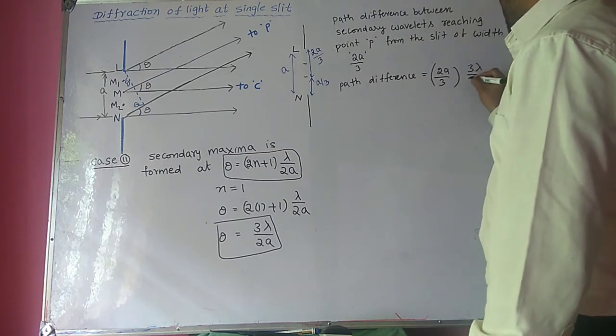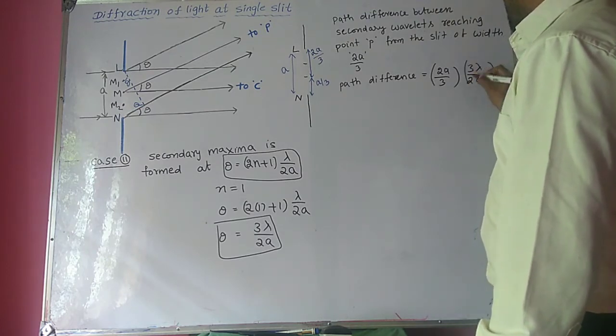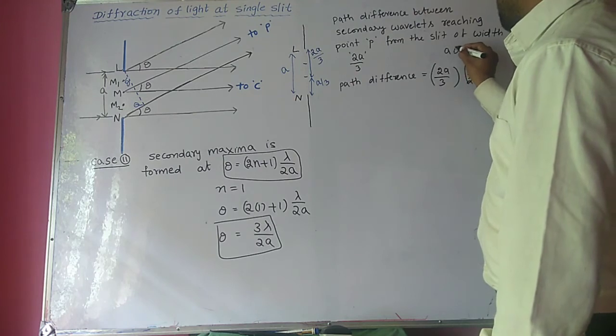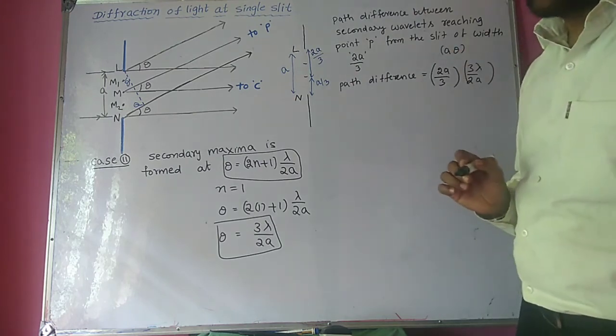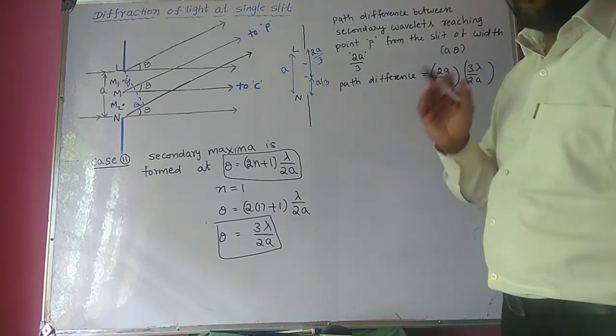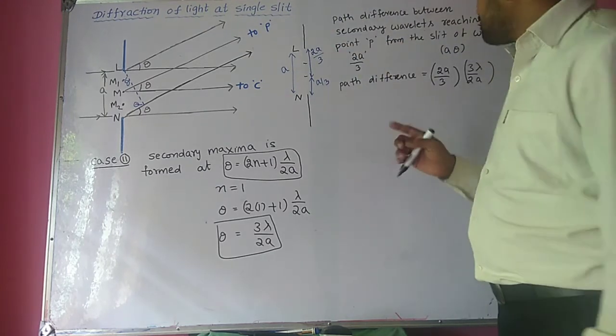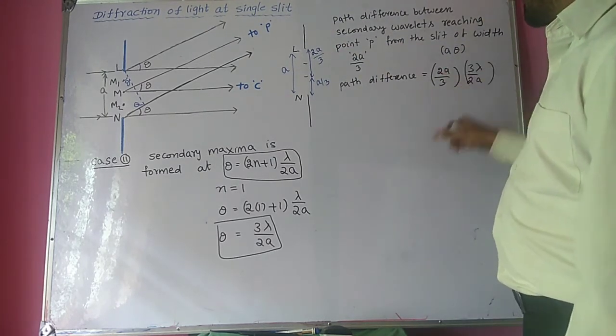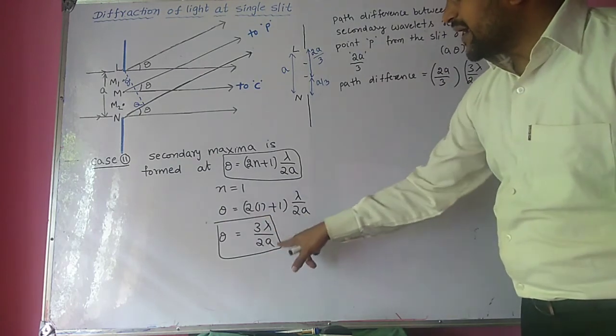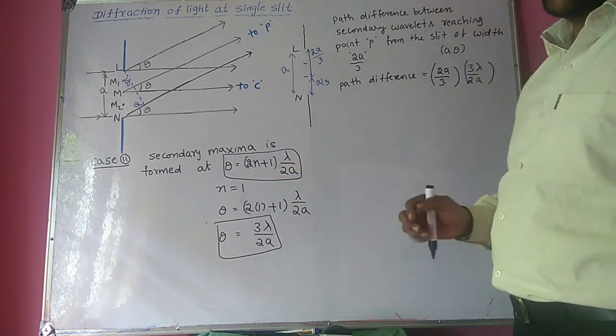This is the path difference formula. So we are taking 2a by 3 and the angle 3 lambda by 2a. At this angle, the secondary maxima is formed.